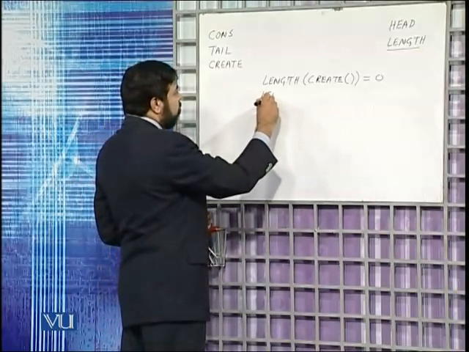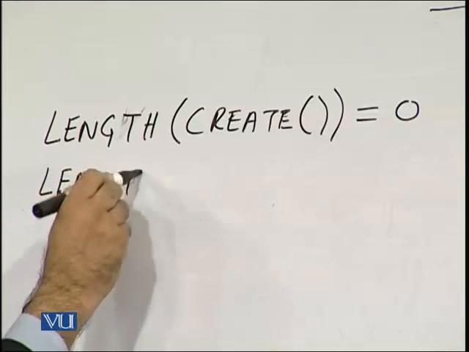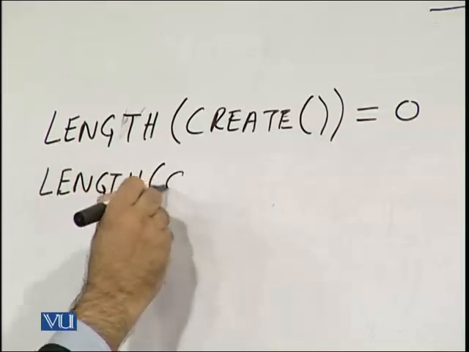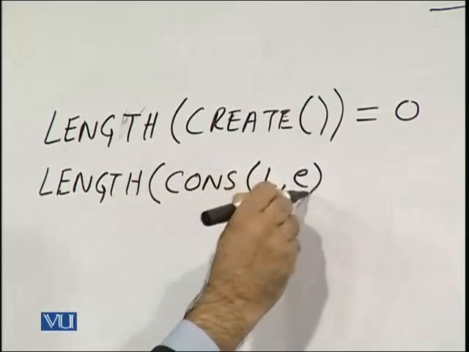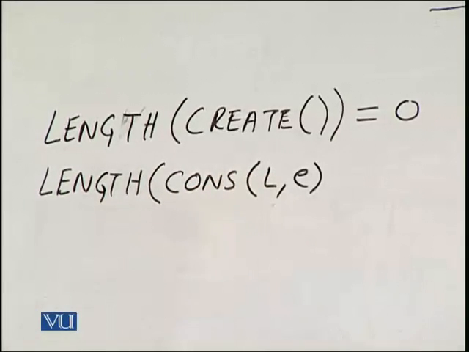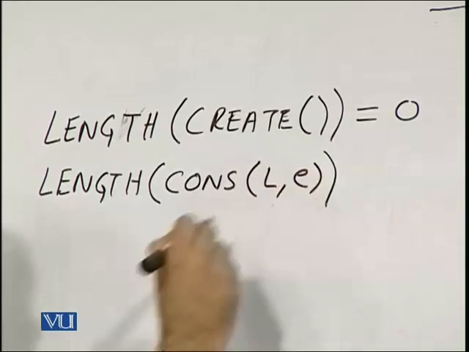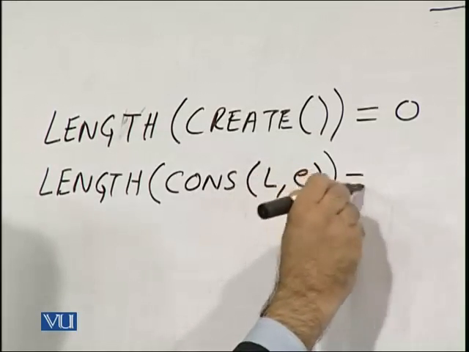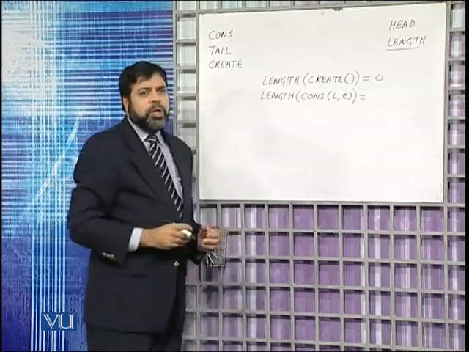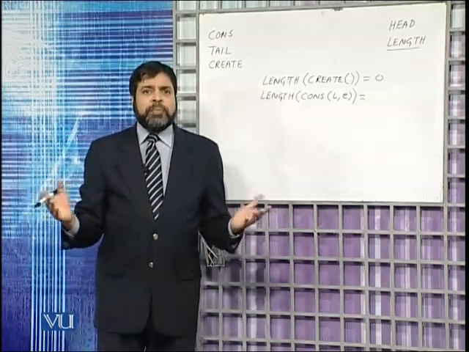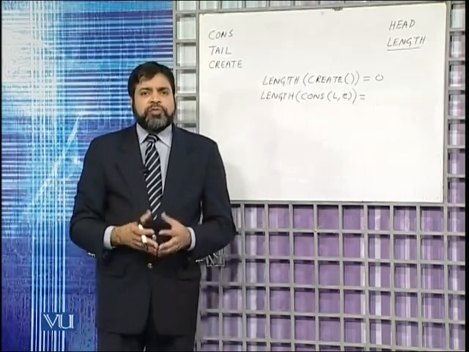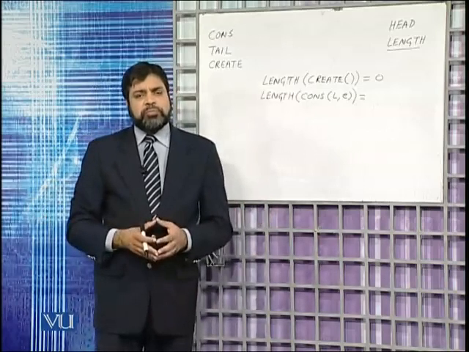Length of cons list L element E, adding one more element to this list. Now we have this list L, we have added one more element to this list. So what is the length of the new list?